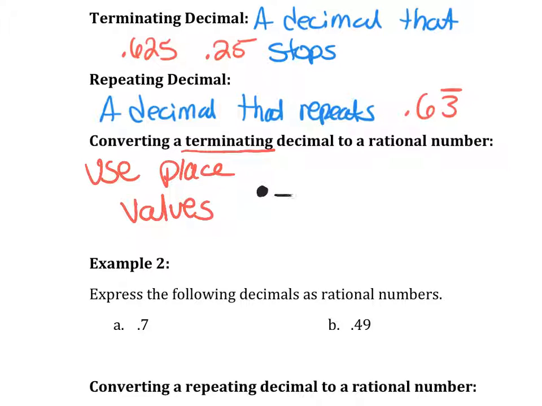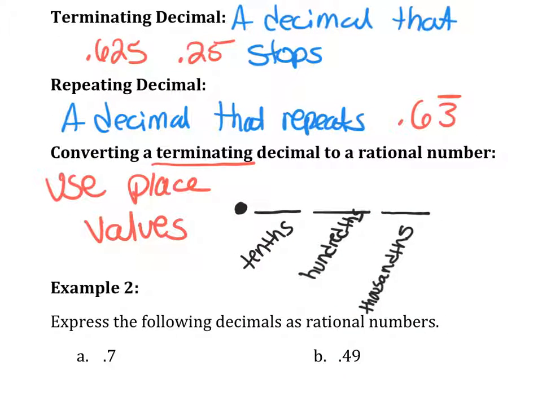The first place value to the right of the decimal point is the tenths, and then the hundredths, then the thousandths, then the 10,000ths, and it just keeps on going. You just keep adding zeros as you go.